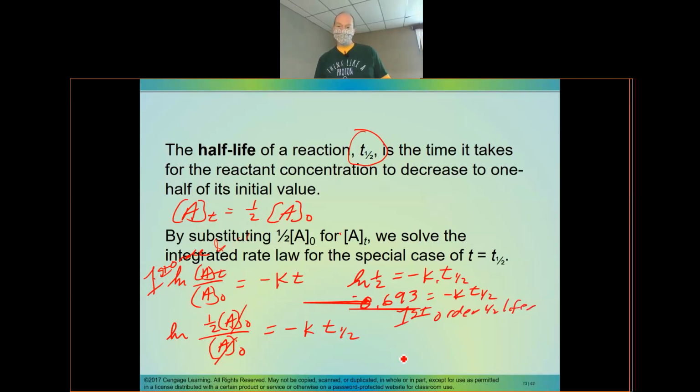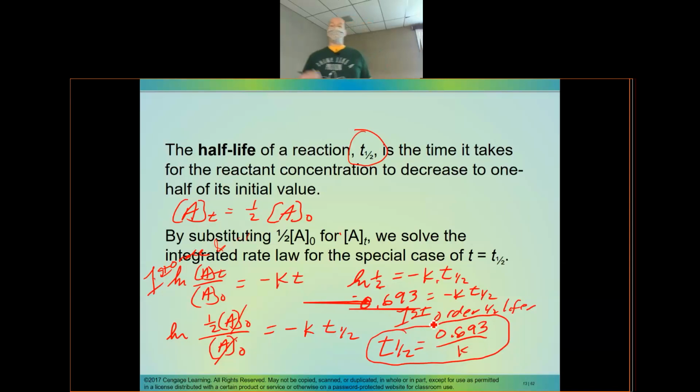Now you have your answer once you divide by a negative K. So your T 1/2 is equal to 0.693 divided by K. First order is very simple. If they want the half-life of any first order reaction, you simply take your 0.693 and divide by the rate constant K. That will give you your half-life for first order.